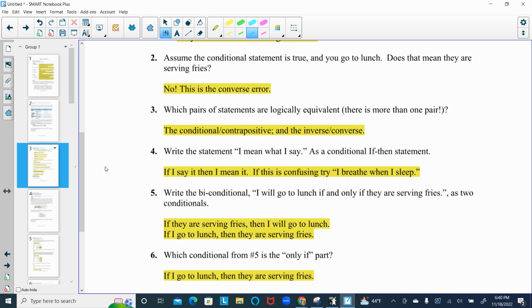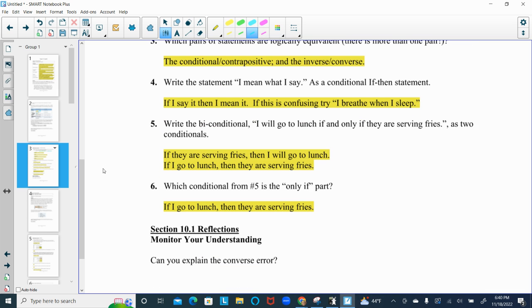Now, we haven't discussed a biconditional that much, but biconditionals have a special phrase connecting the hypothesis and conclusion. And that phrase is "if and only if." So notice this is kind of a spin-off of the conditional statement. It says, I will go to lunch if and only if they are serving fries.